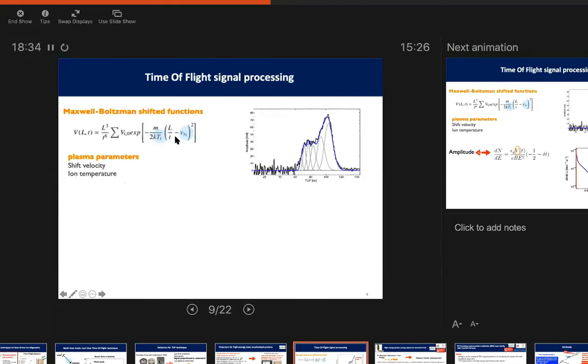Varying these parameters, you can have different functions and try to overlap them with the signal to reproduce it.